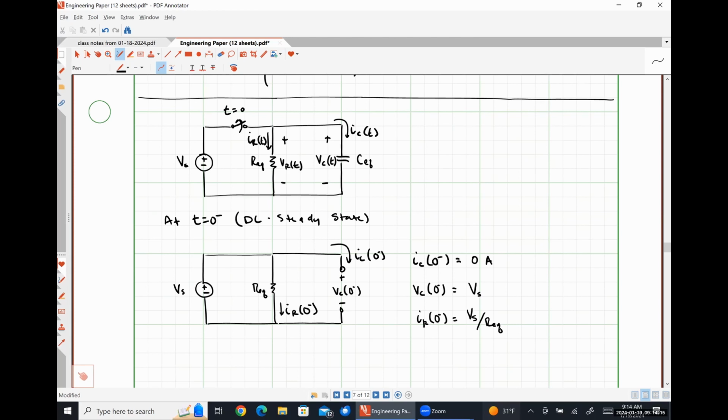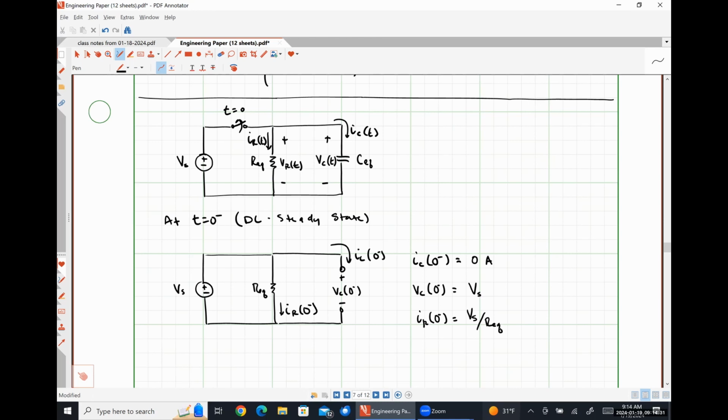So once again, we have a situation where our energy storage element has some amount of stored energy, right? Because since the voltage drop across our capacitor is non-zero, the energy stored by our capacitor is non-zero.